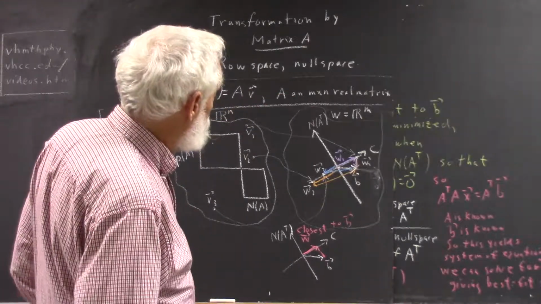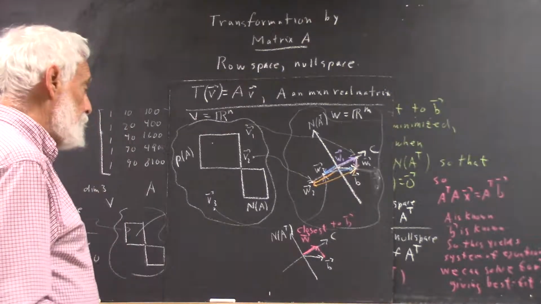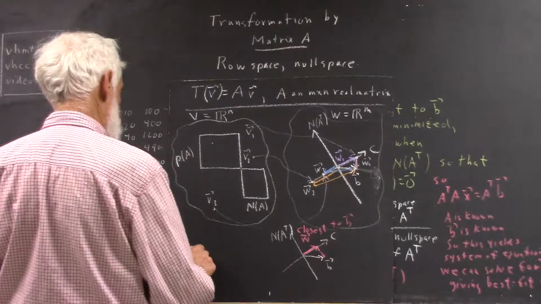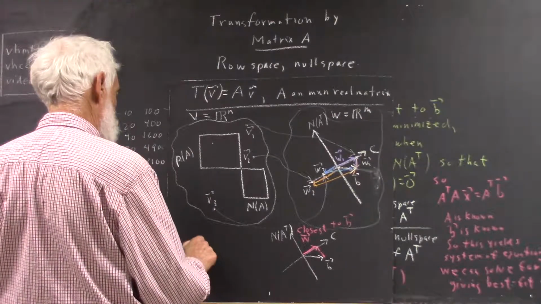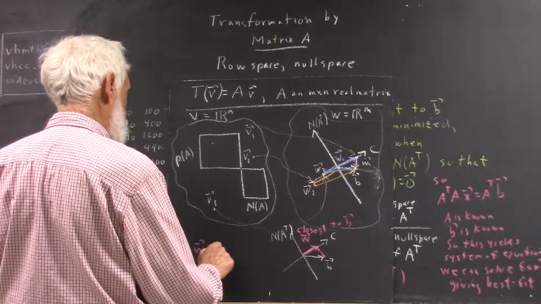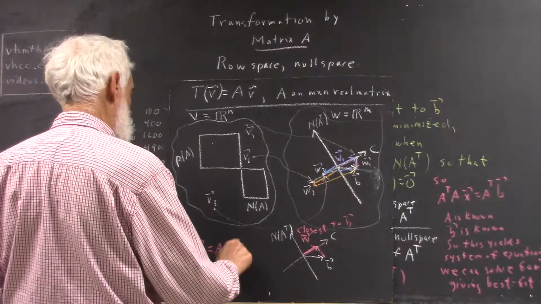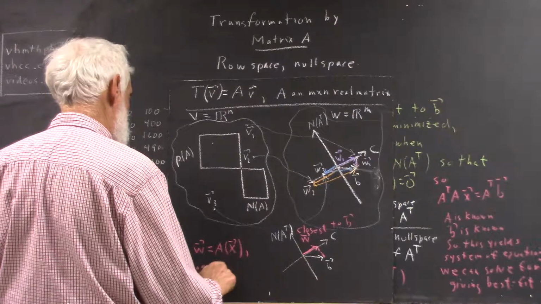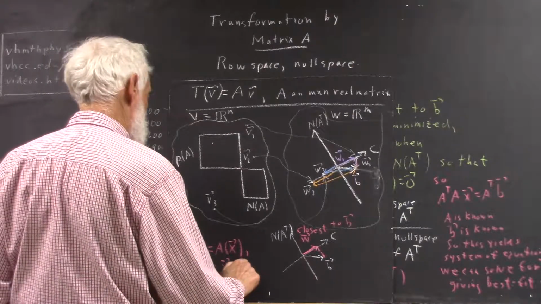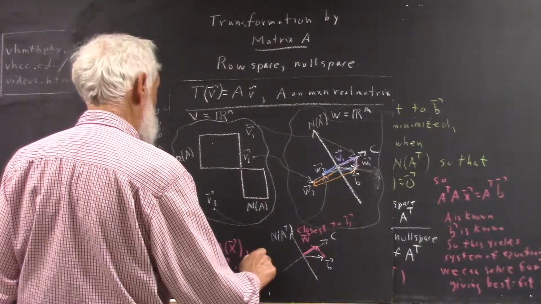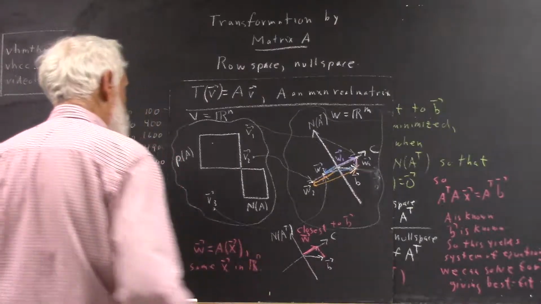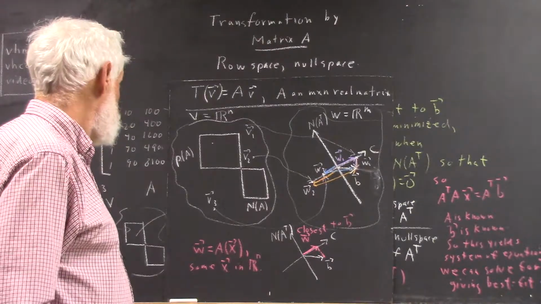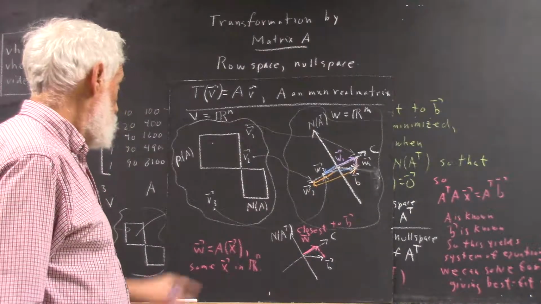Now, it might have come from several places in Rn, but it came from some X in Rn. We want to find that X.